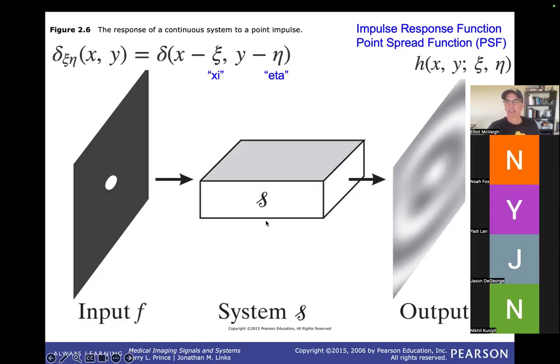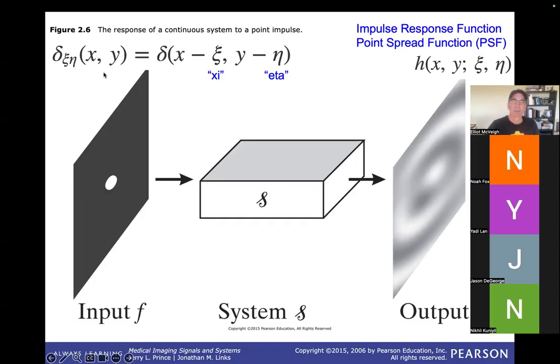As we'll see, the point spread function, or impulse response function, is really the way we embody the system in mathematics. That's what the system is doing to our input signal: it's creating an output image by using these impulse response functions, added up in the spatial domain.